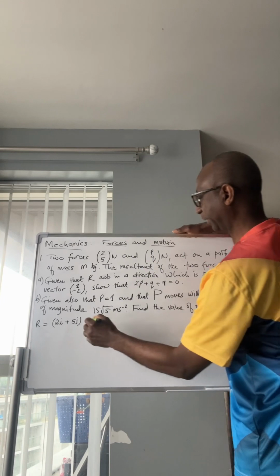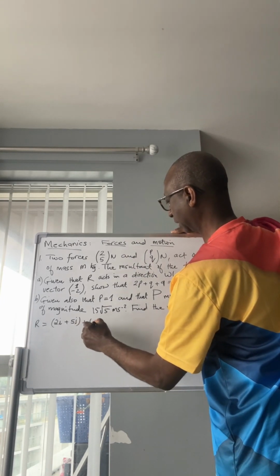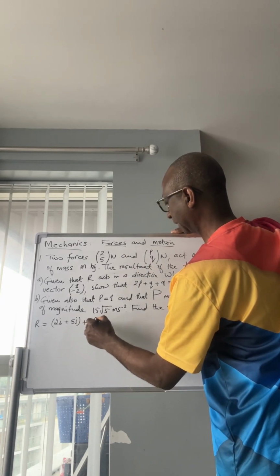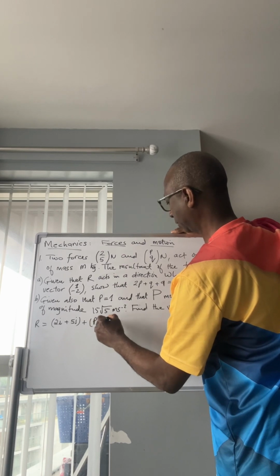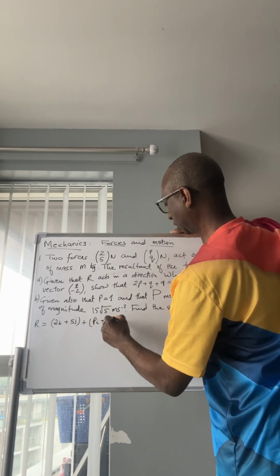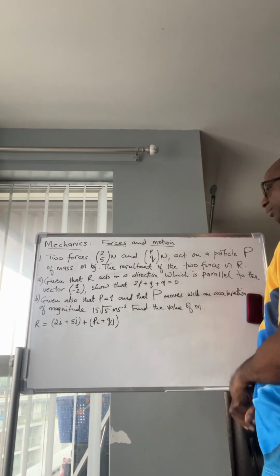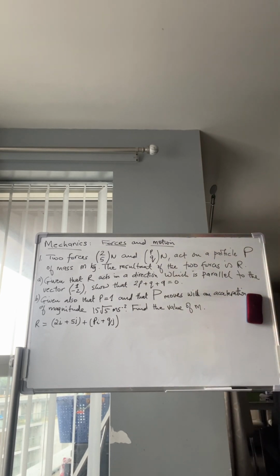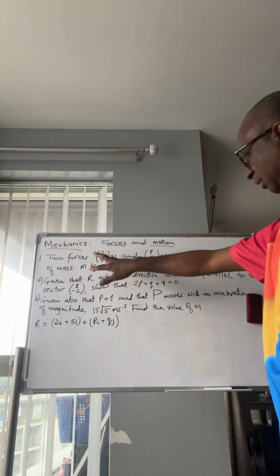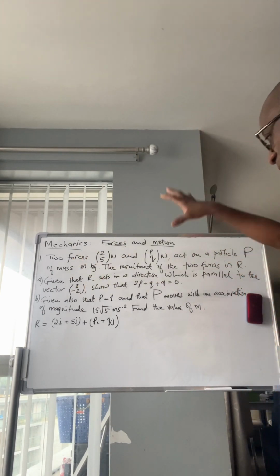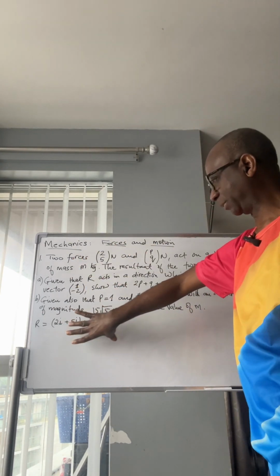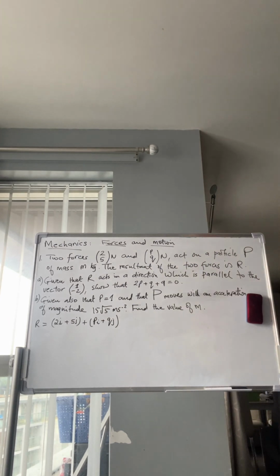And you have this one here, plus, again, pi plus qj. That is R. These two forces represented in a vector form, we have now represented them in a unit vector form.